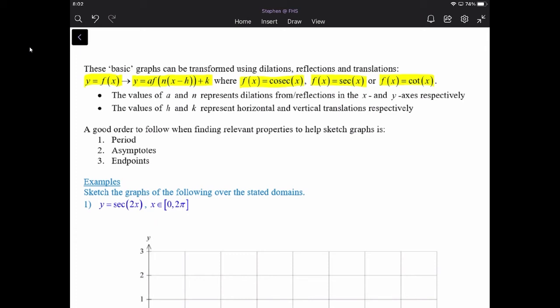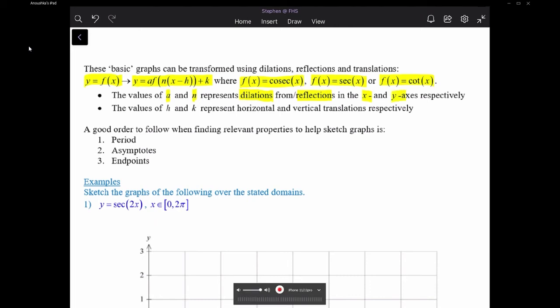And I'm using the same symbols and letters over there as what you would use on any other graph. In other words, parabolas, cubics, etc. So a and n represent dilations or reflections from the x and y axes.